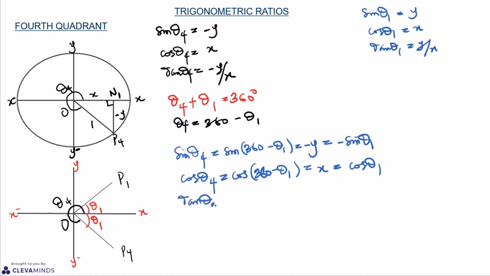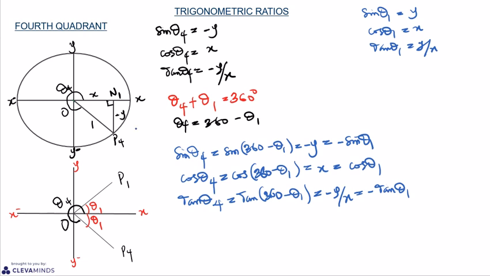Then tan theta 4 will give us tan of 360 minus theta 1. Right? Good. And tan theta 4 is negative Y over X, and tan theta 1 is Y over X. So this gives us negative tan theta 1.